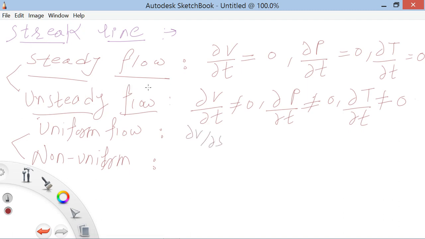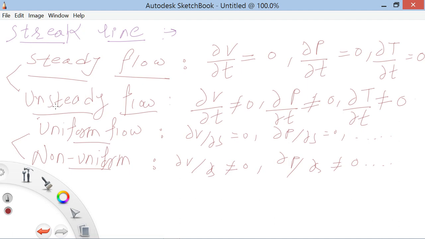Meaning del V by del S with respect to distance, that is displacement, del P by del S, and so on, such quantities. And exactly vice versa will be for the non-uniform flow. So if velocity, pressure, temperature do not change with respect to distance or displacement, then it is uniform. If they change with distance or location, then non-uniform flow.